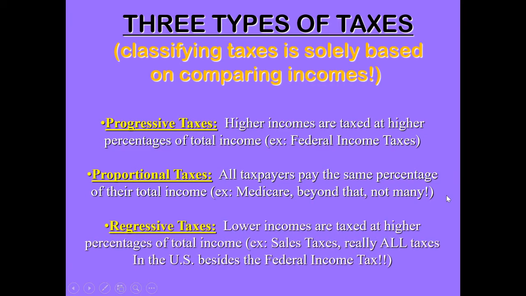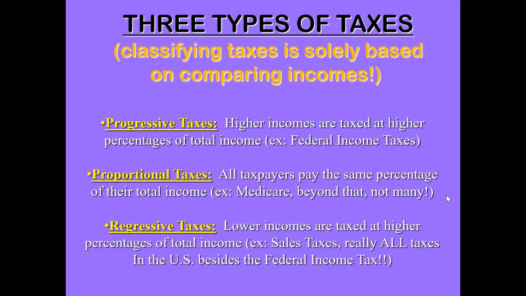But most of our taxes in the U.S. fall under the regressive tax category, where it may look like it's proportional on the surface, like a sales tax. But ultimately, it's going to take a larger chunk out of a poor person's pocketbook. So this is going to require a little bit more analysis for us to see.